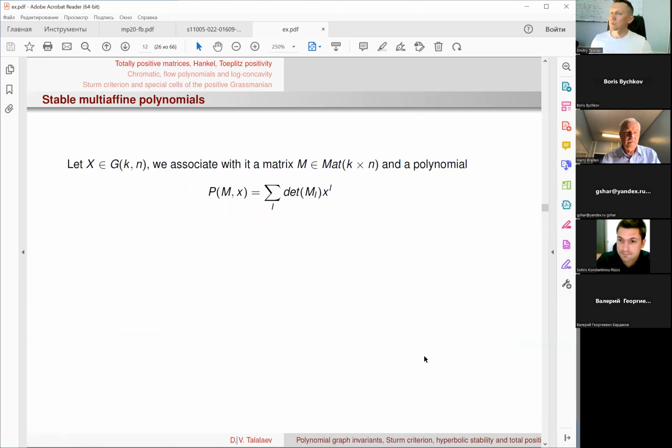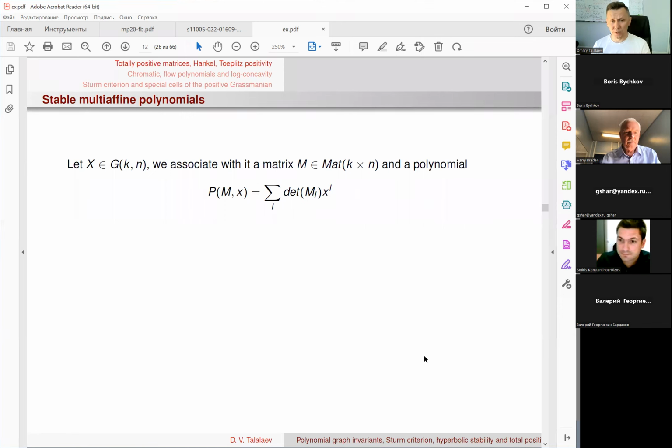Another appearance of this phenomenon of stability, stable polynomials in some recent results in integrable systems is the following stuff. So let X be a point of the Grassmannian of K subspaces in n-dimensional space.